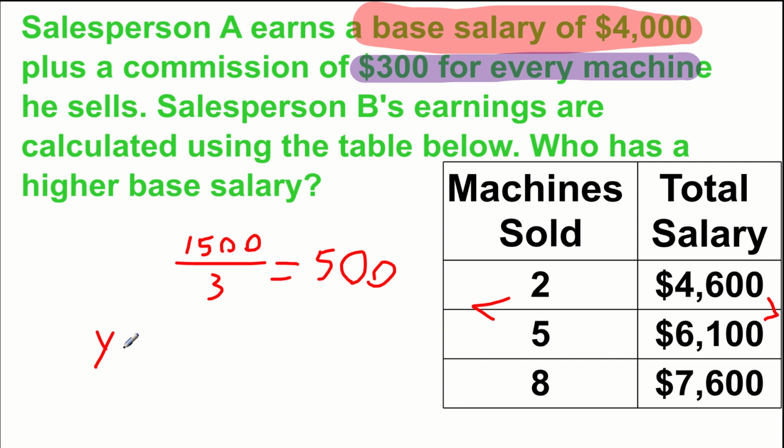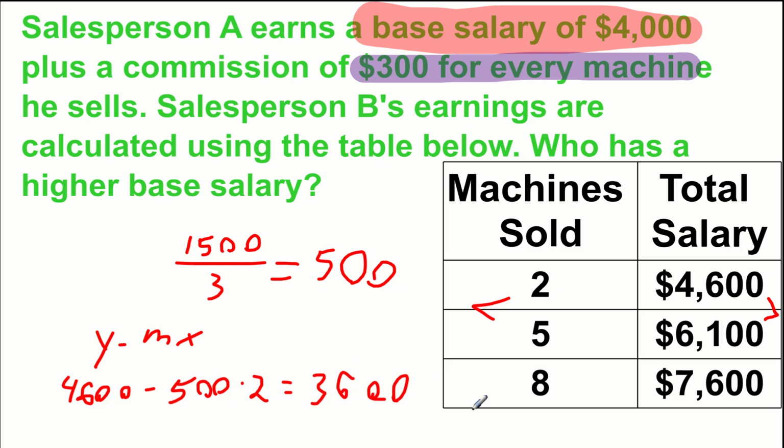We go y minus mx. So I got 4,600 minus 500 times 2. 500 times 2 is 1,000. 4,600 minus 1,000 is 3,600. That's less than 4,000. A for the base salary. Everybody kind of follow?